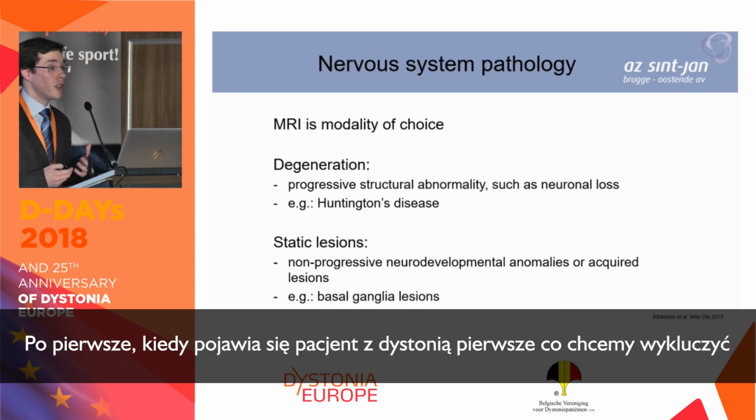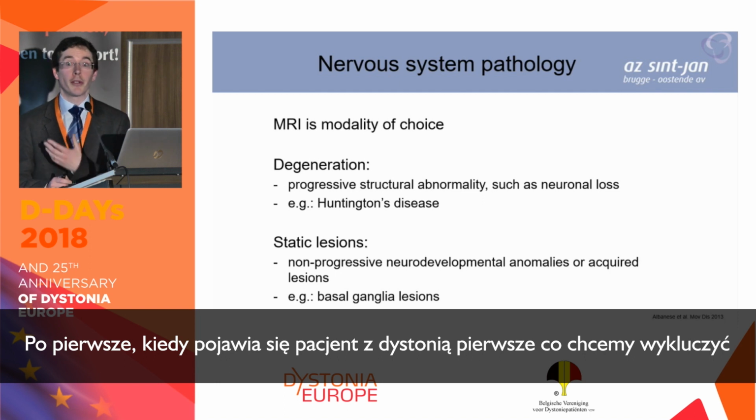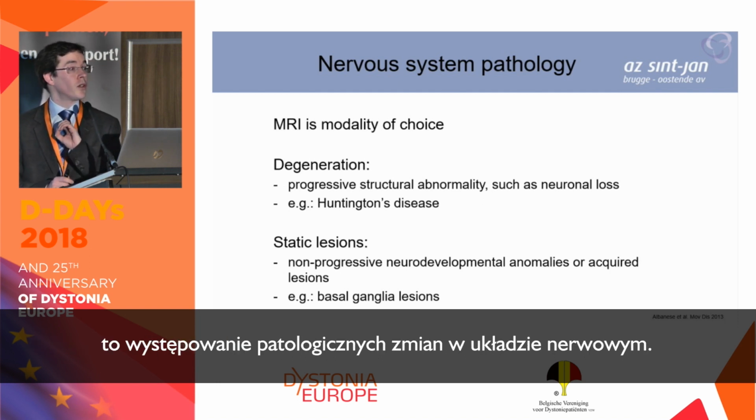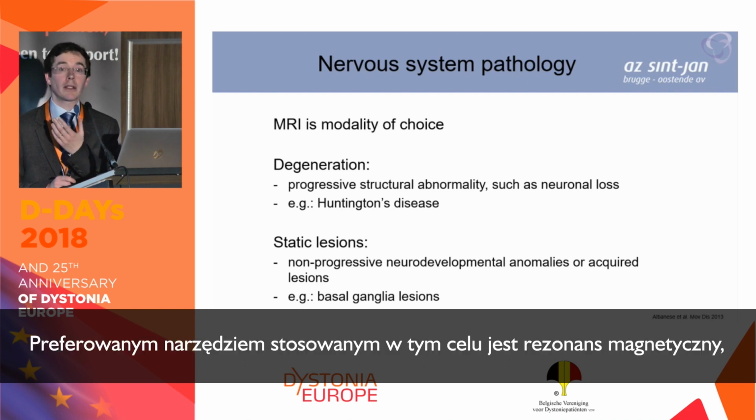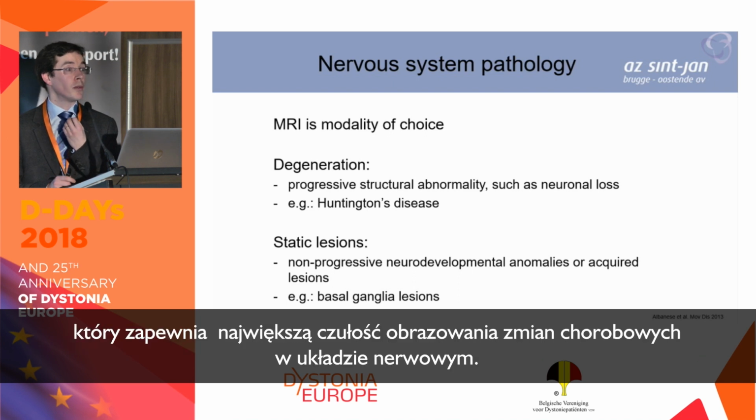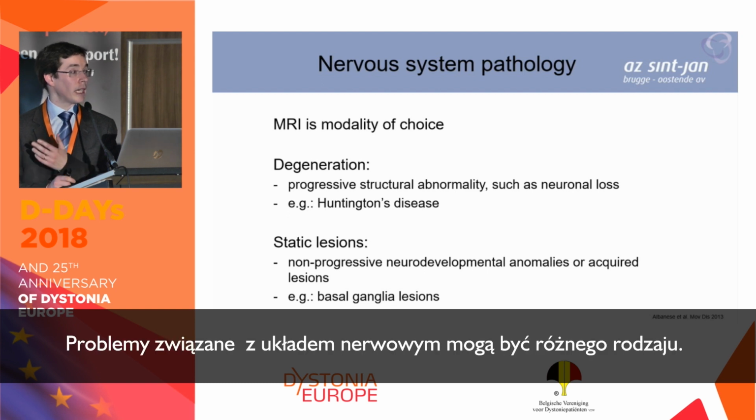First of all, if a patient presents with dystonia, the first thing we want to exclude is whether there is any nervous system pathology. For that, an MRI scan is the modality of choice because it is the most sensitive way to look for nervous system pathology. There can be different problems in the nervous system.